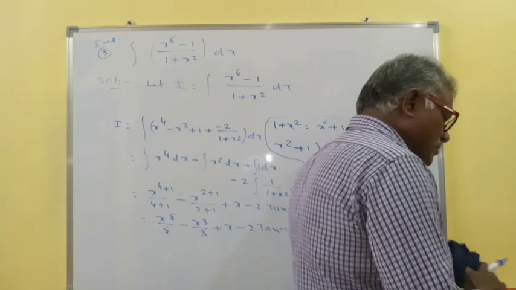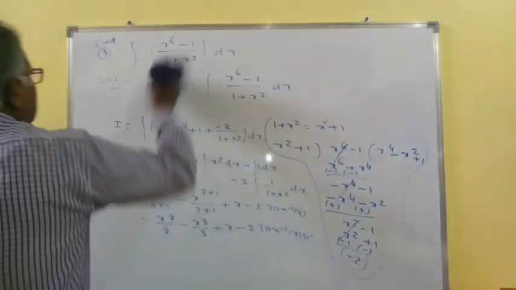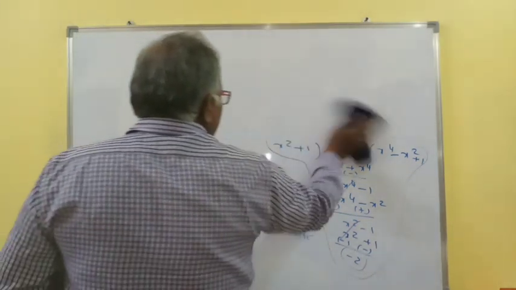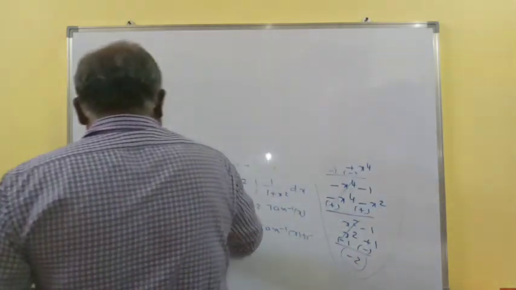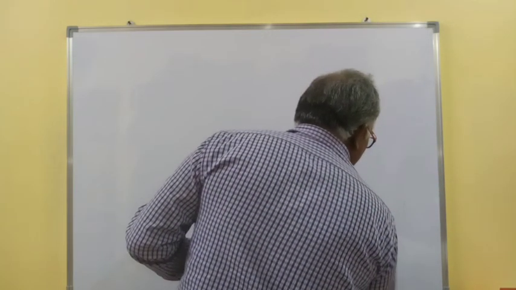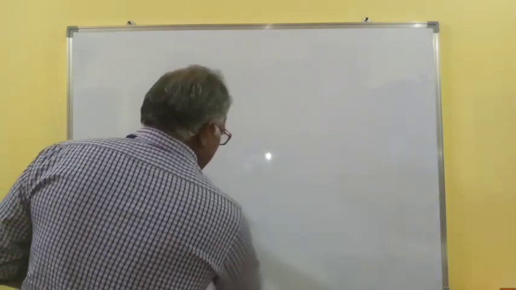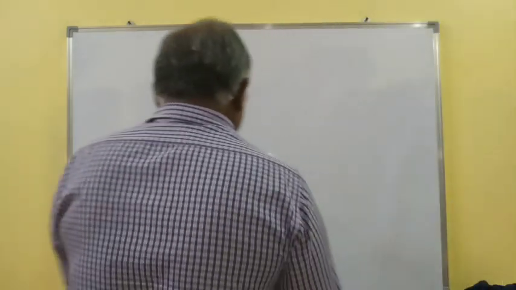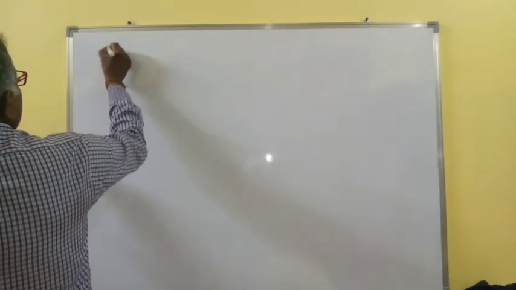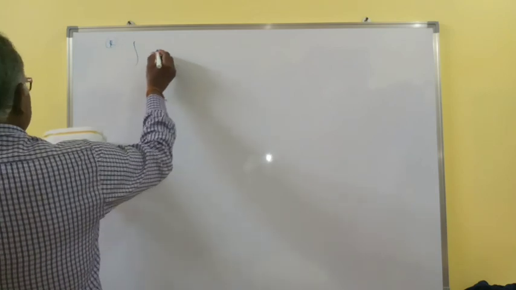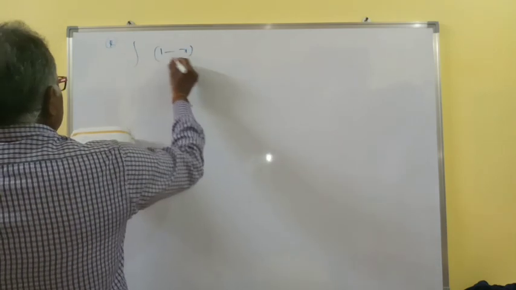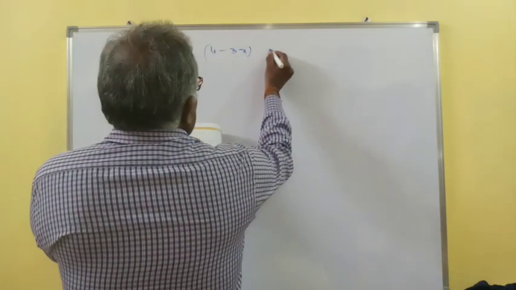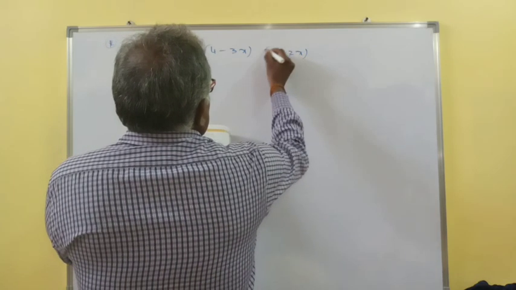Example 4. Integral 1 minus x into 4 minus 3x into 3 plus 2x dx.